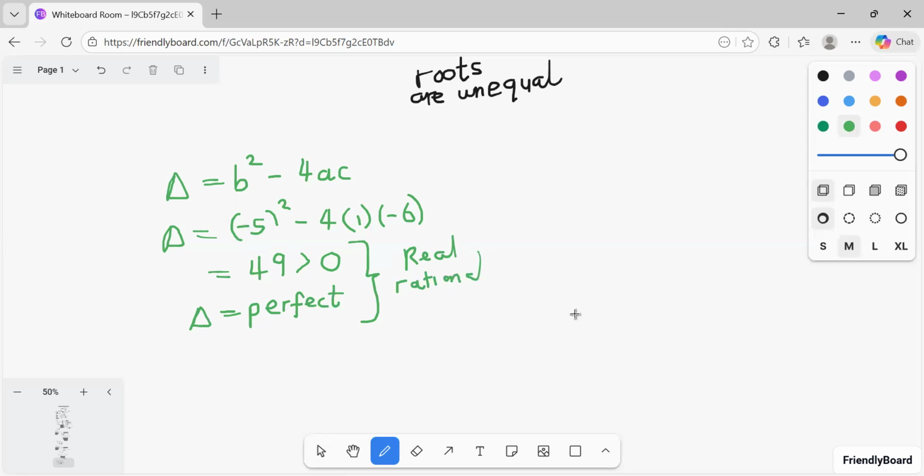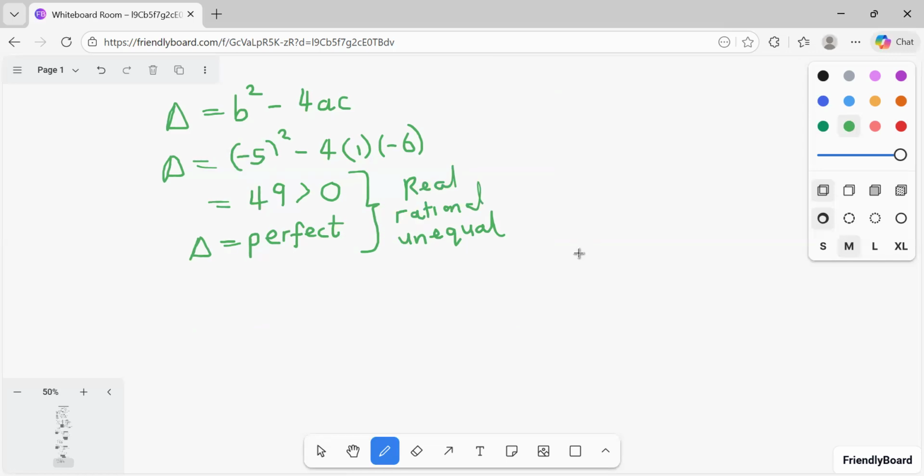And also, we found out that the roots are unequal here, so we then conclude that they are also unequal. Okay, we are done.